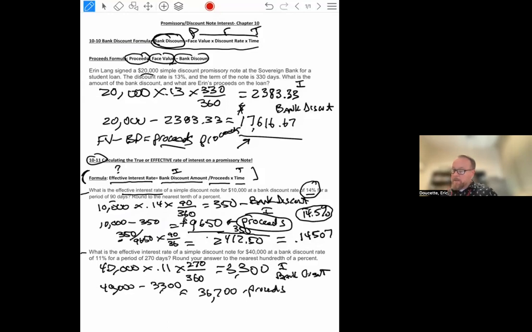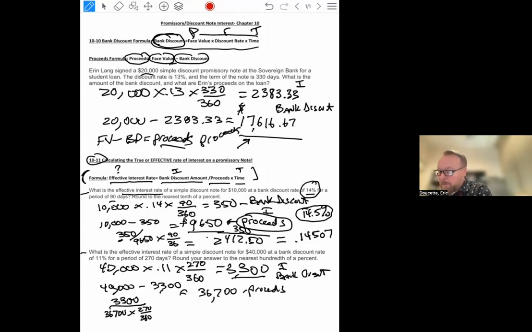And again, I'm going to figure out what my interest was. My interest was 3,300. So that's what I'm going to start with, 3,300, and I'm going to divide that by my proceeds of 36,700, and multiply that by 270 over 360. Let me do the math on that.